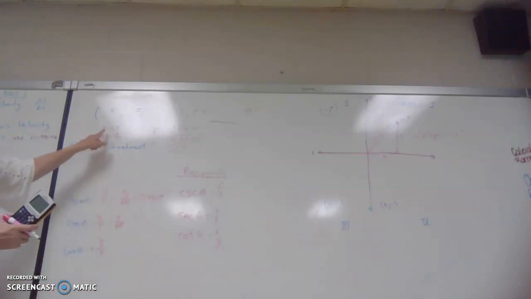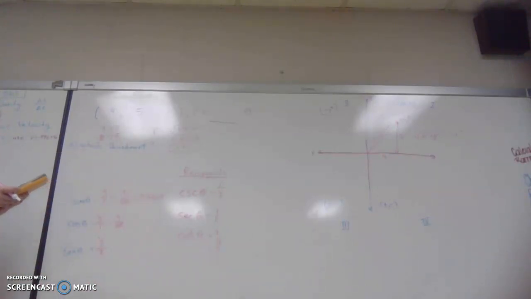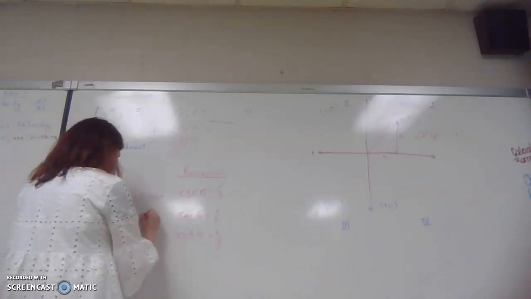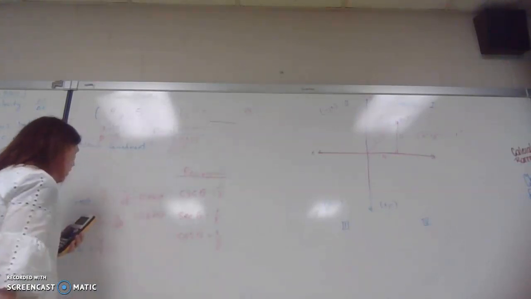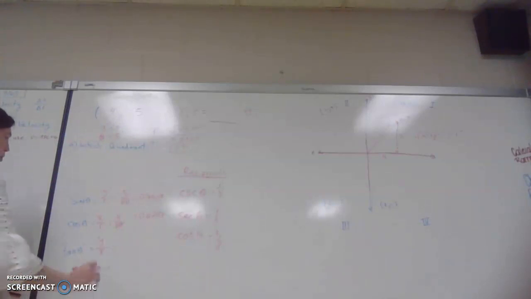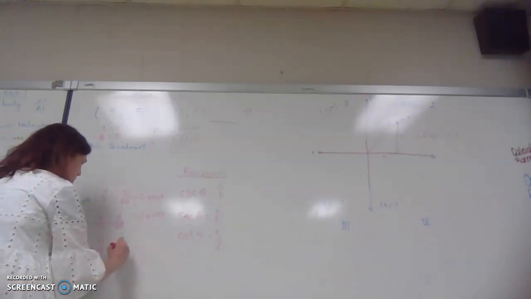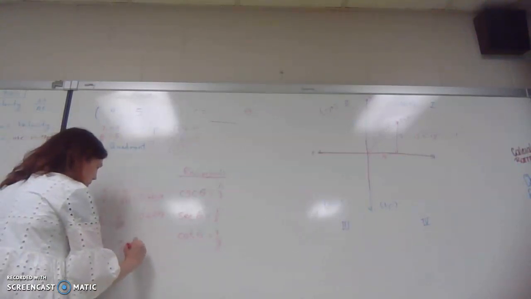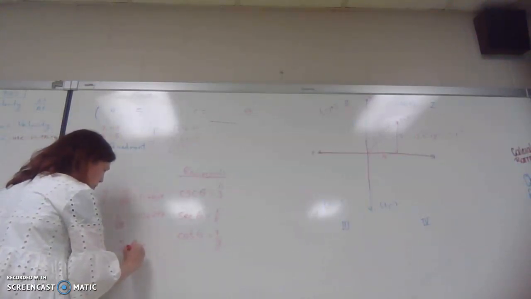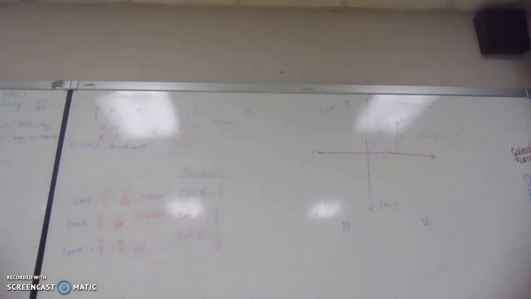Cosine is going to be the ratio of 4 to the square root of 41. I'm going to get 0.6247. And then my tangent is going to be the ratio of 5 to 4, which is 1.25.